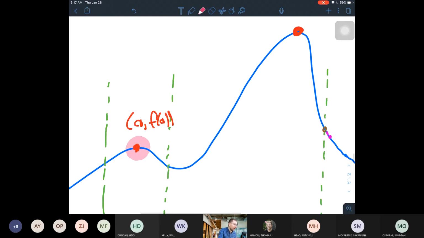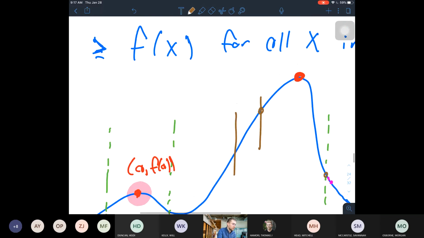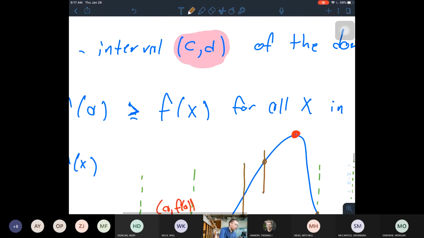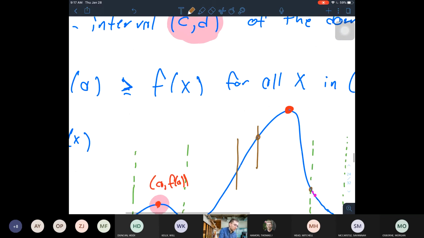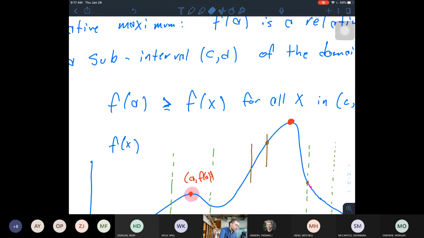Okay, but if it's going up, like on this interval, again, we can't quite reach that maximum point on the edge because C comma D is an open interval with parentheses. If we had brackets, then the right-hand side would be a maximum, but we don't.